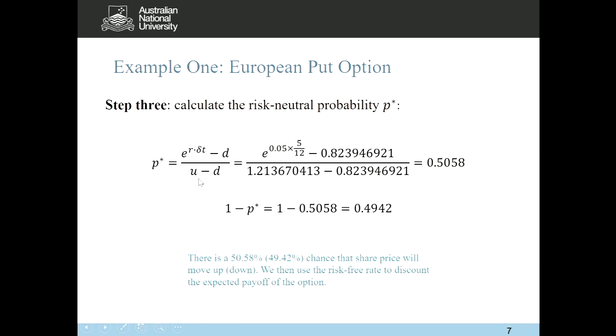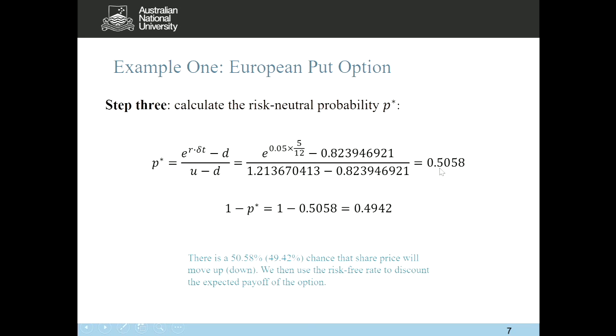So that is the equation to calculate p star, the probability of going up. We know the risk-free rate is 5%. Remember, the delta t here is the time horizon for each step. It is not the time to maturity. So that's 5% multiplied by 5/12, then minus the proportional decrease, d, then divided by the difference between u and d.